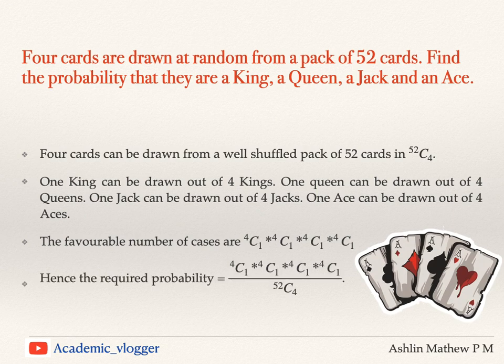Hence, the required probability will be the number of favorable cases divided by the total number of cases, and that is here. We know nCx can be solved as n factorial divided by x factorial into (n minus x) factorial. In that way, we can find the value of 4C1 and 52C4.